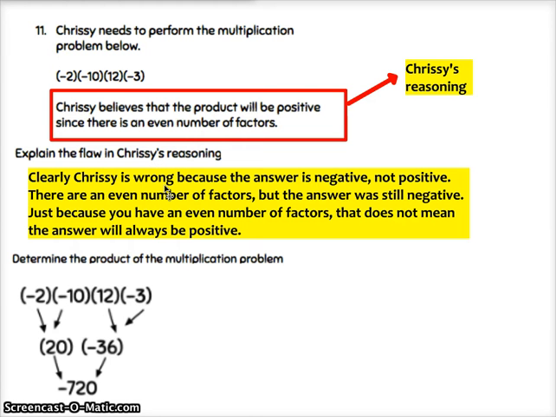So I start backing it up and explaining the flaw by saying that Chrissy says the answer was positive, but look, the answer is negative, so it's wrong. There are an even number of factors, that's true, but the answer was still negative. Just because you have an even number of factors, that does not mean the answer will always be positive.